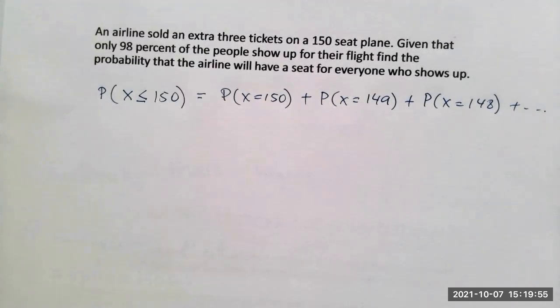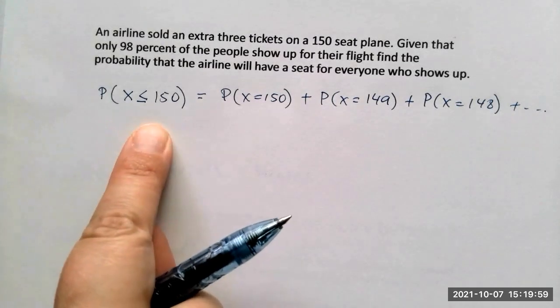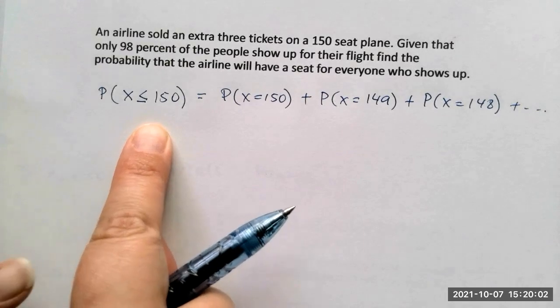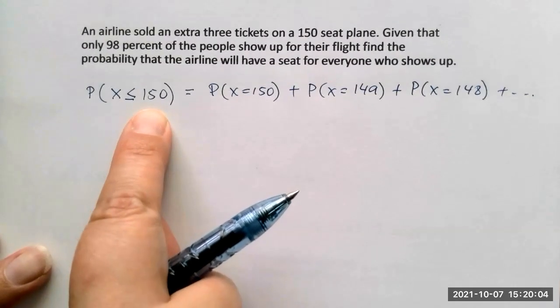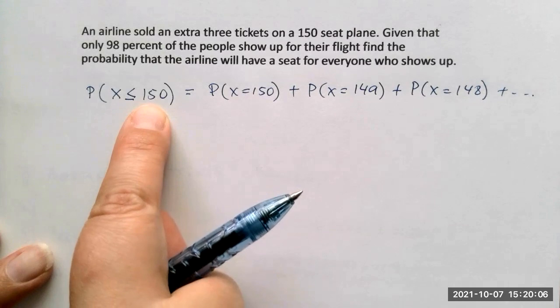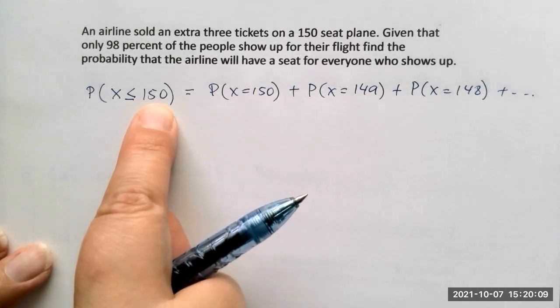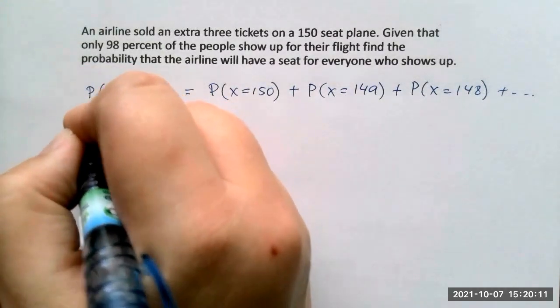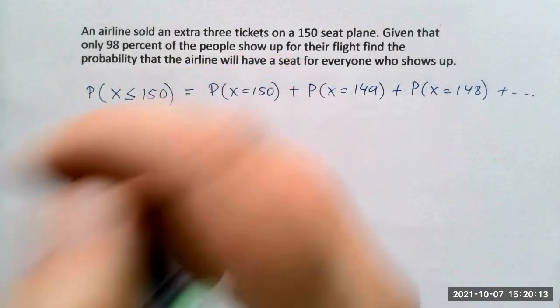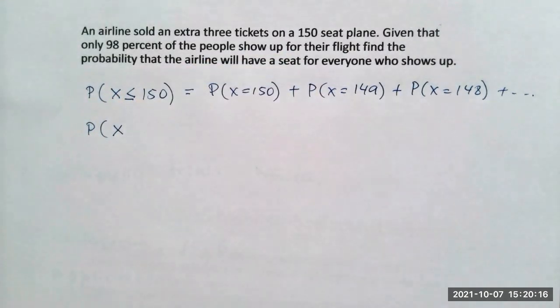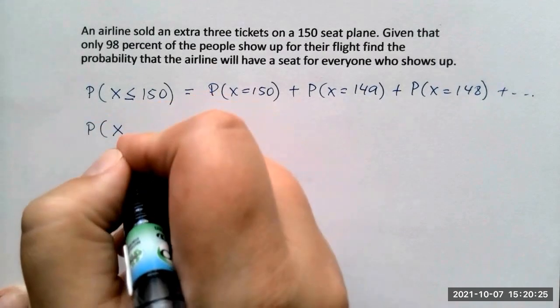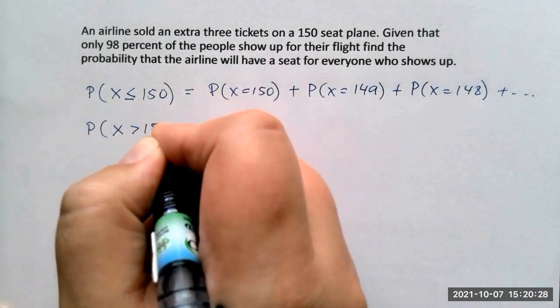In this case, it would probably make more sense to find the complement of this event and subtract it from 1. What would be the complement for at most 150 people showing up? Well, that would be, pause here if you need to think about it, because I'm going to give you an answer in a second. And that's the probability of X being greater than 150.